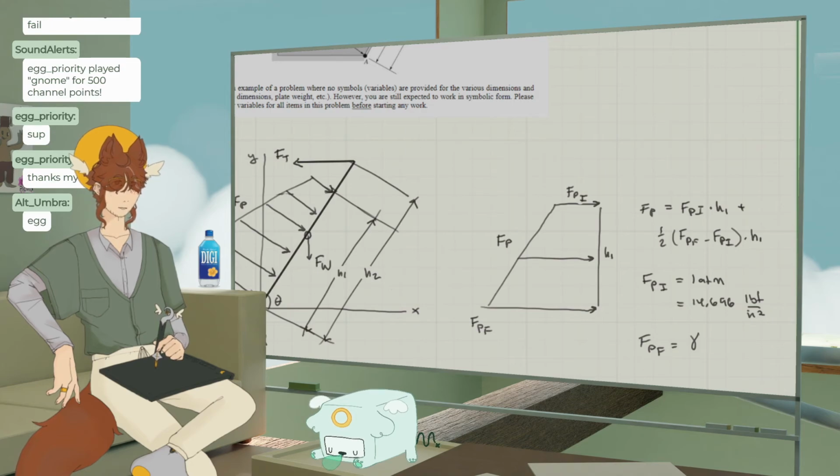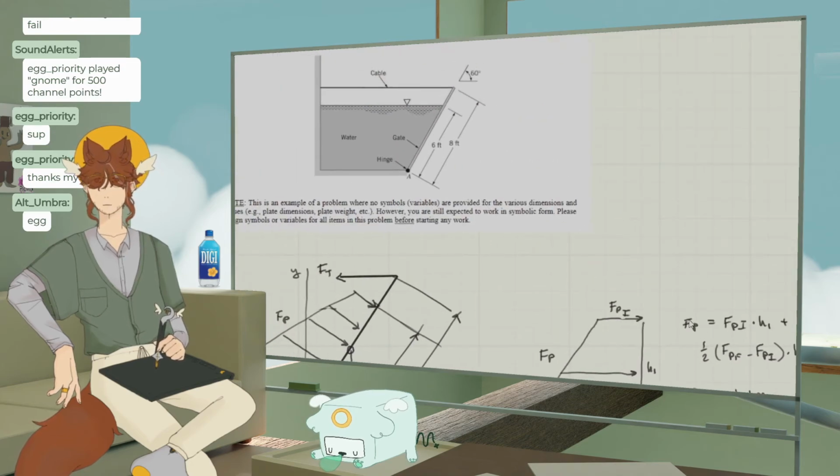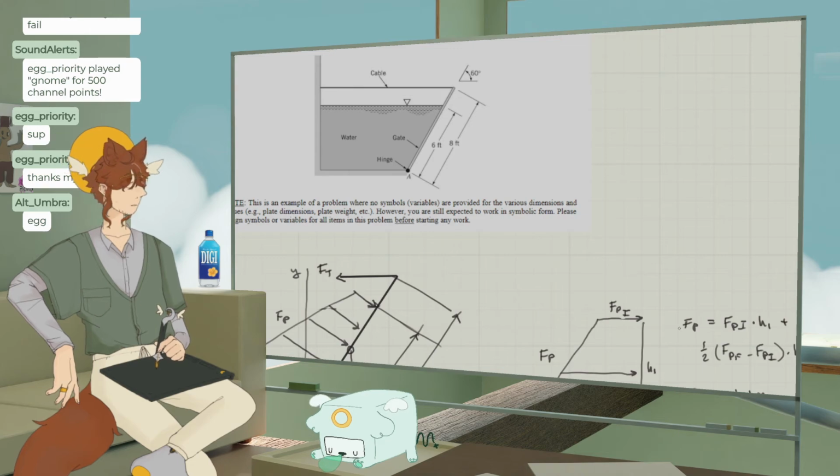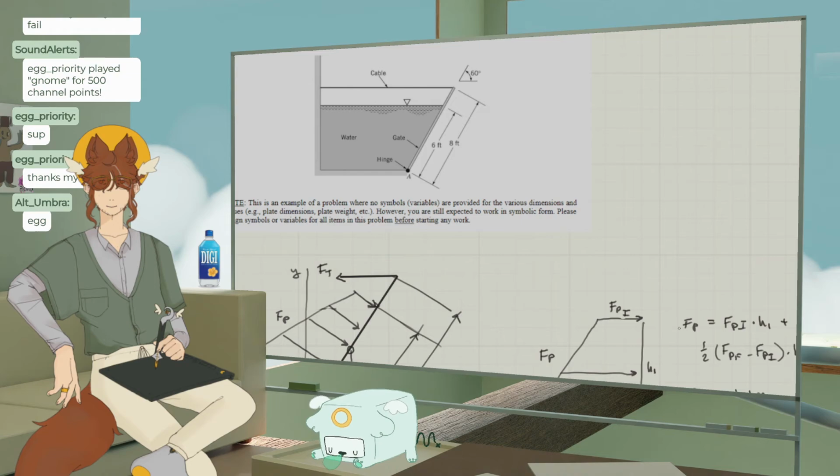Gamma h, because I'm so cool like that. It's water. So what is gamma for water? That's gases. Water. What temperature are we at? What's average? What's normal? 25, I guess.